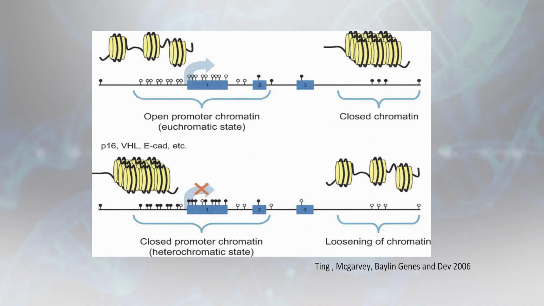When histone and DNA are not binding tightly, that forms a transcriptionally permissible environment. So acetylation basically induces transcription. Deacetylation basically silences transcription.